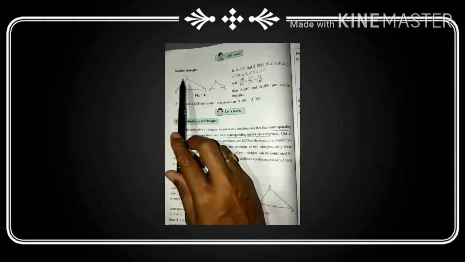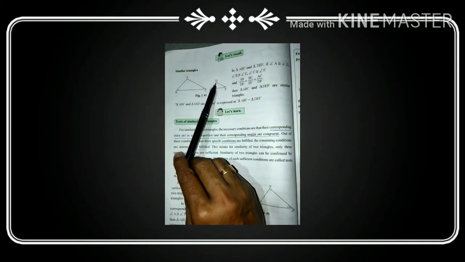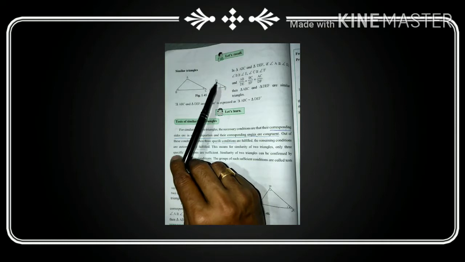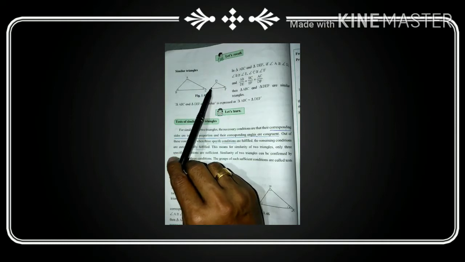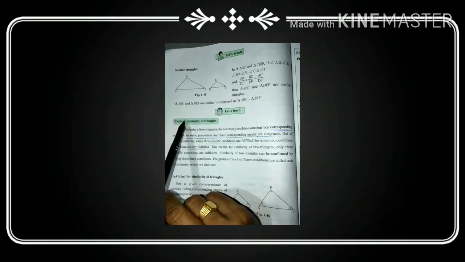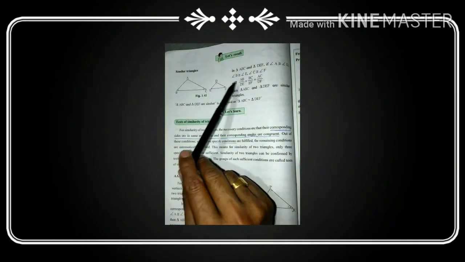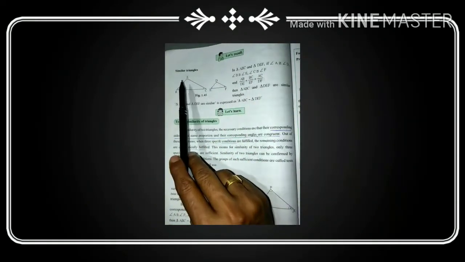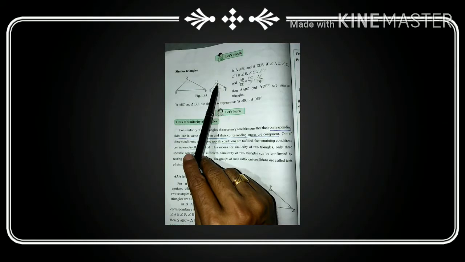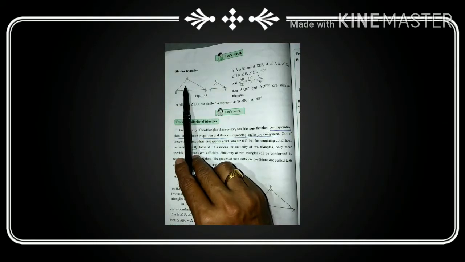Means here, in the first triangle, angle A is congruent to the second triangle's angle D, and in this way these three angles are congruent to the other three angles of the other triangle. Another condition is that the sides of the given triangles are also important.